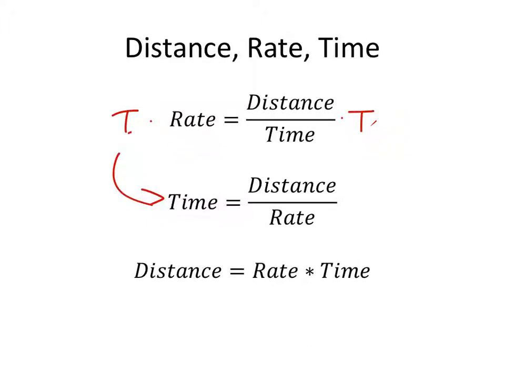See, because if we look at it like this, then the times cancel out, and then you got distance equals rate times time. So we expect you guys to be able to at least manipulate these just this much at least. But if you can memorize one of them and then manipulate, you've only got to memorize one of them. And again, usually rate equals distance divided by time is the first one we remember.